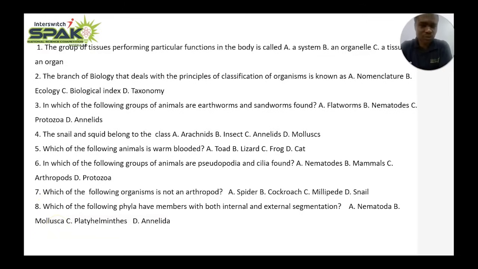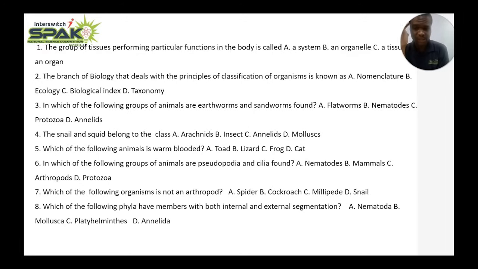Okay, so the question says which of the following phyla have members with both internal and external segmentation. Segmentation refers to the division of the body of an organism into repeating parts. For example, in an earthworm, we have the rings dividing the body into segments.